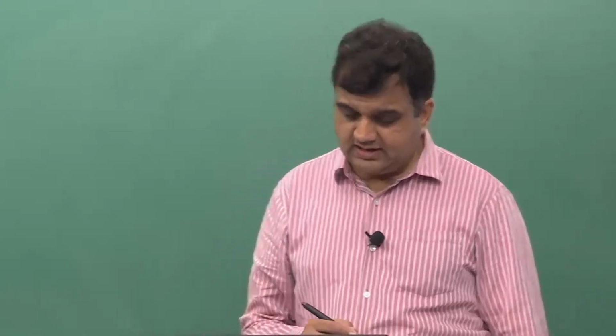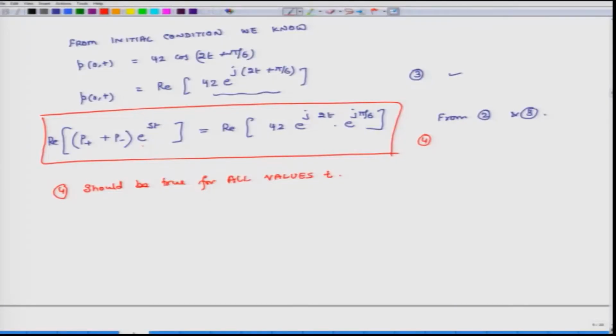So, this also has to be true for all values of t, and that can be true only if the time dependent term e to the power of st is equal to the time dependent term, in this case e to the power of j 2t, and then this entire thing should be equal to this thing.